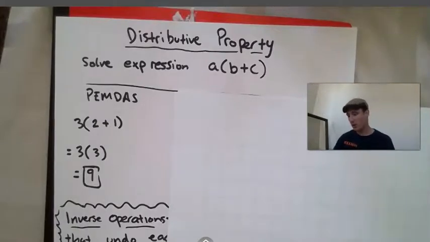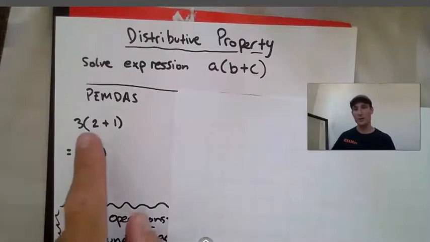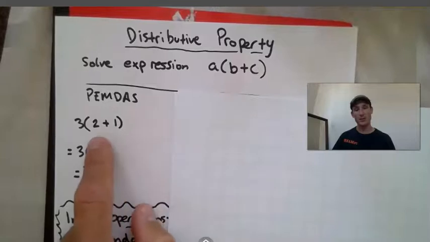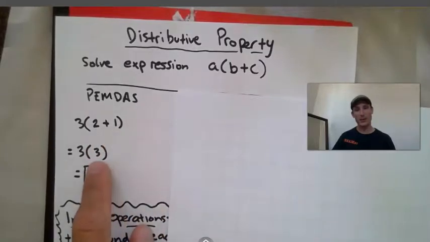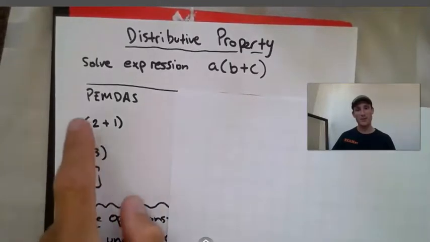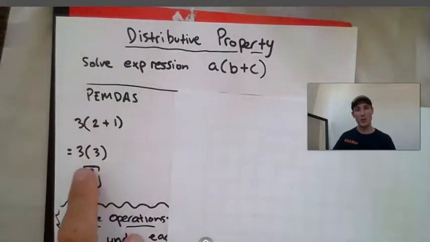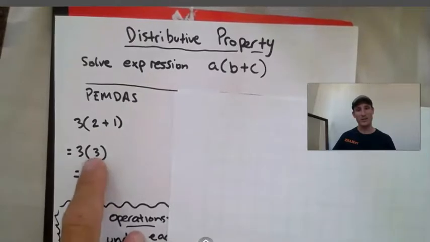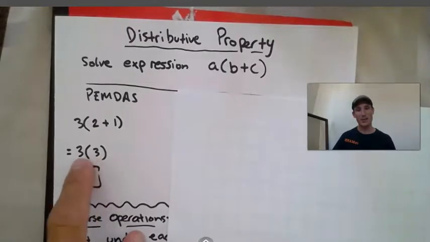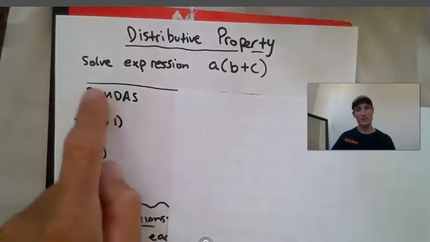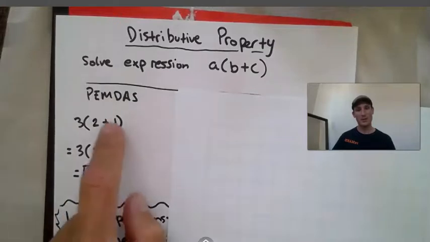So if we were going to do this straight up kind of old school, you would do what's inside the parentheses first, which is 2 plus 1 equals 3. And then after PEMDAS, there's no exponents. Next, multiplication. Well, we know that parentheses means to multiply. This says 3 times 3, which equals 9. Okay, so this is simplifying the expression using PEMDAS.